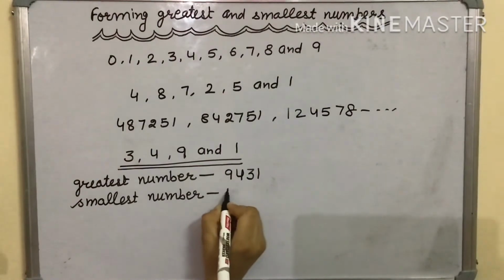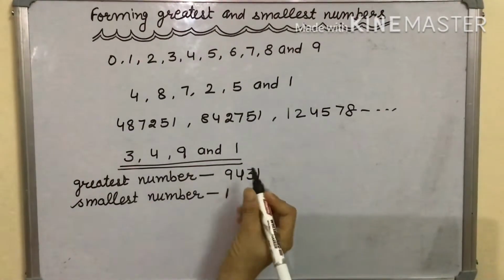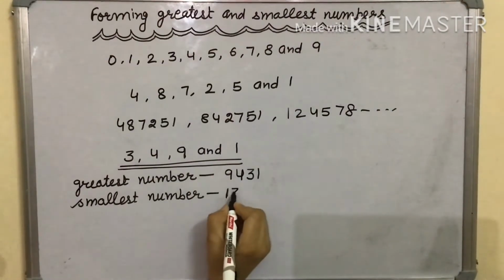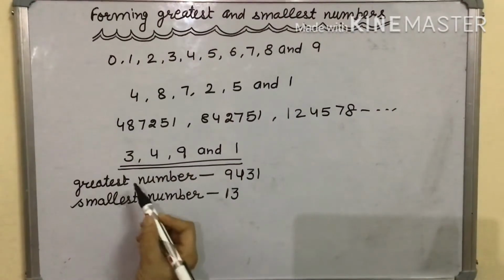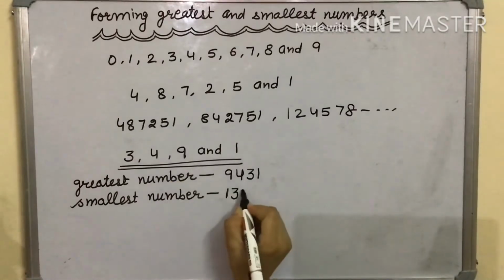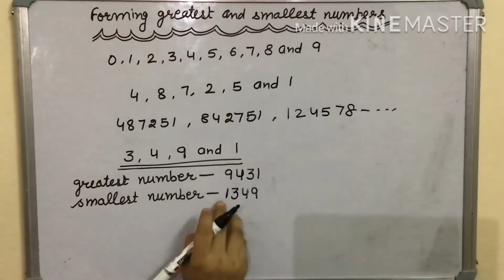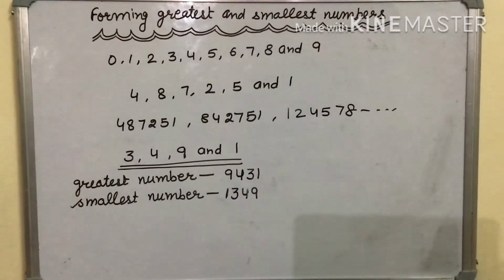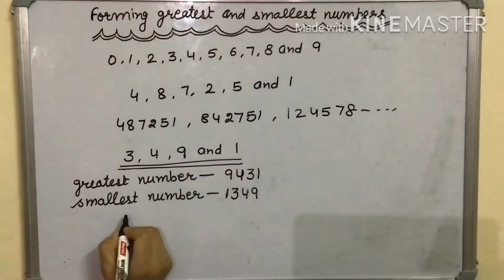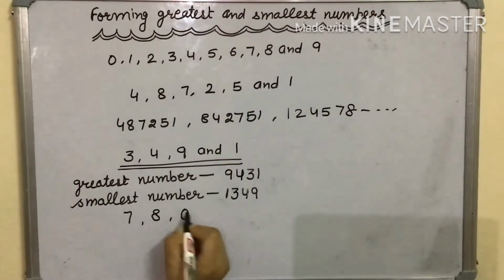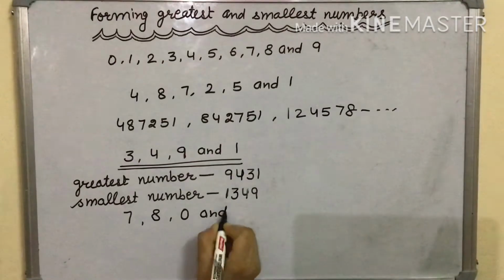So we will write 1 and after 1 the smallest digit is 3. So we will write 3 and after 3 the smallest digit is 4 and in the last this is 9. So the smallest number is 1349.